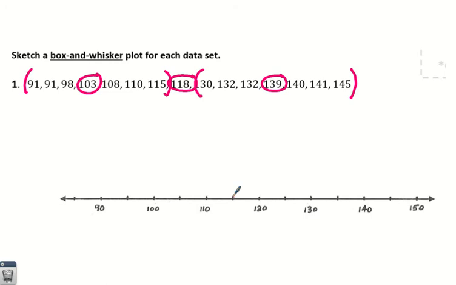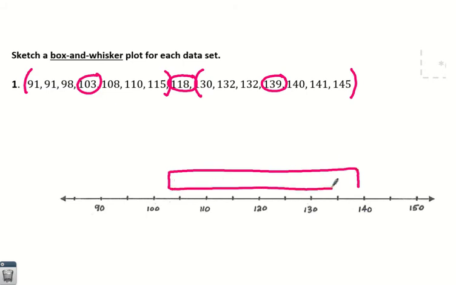So 103, which is going to be the left edge of my box, is about right there. Close enough. The right edge of my box is going to be the upper median, which is at 139. That's going to be there-ish. So there's the left edge and right edge of my box.